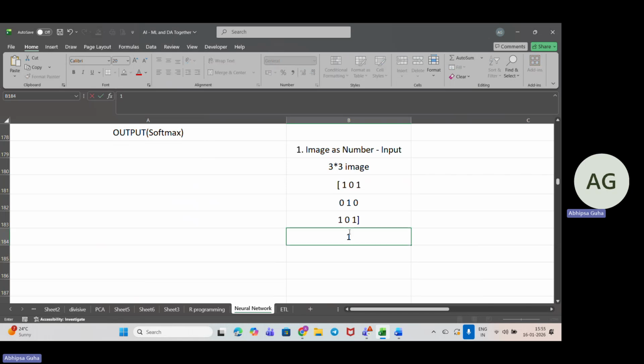So 1 means the white pixel and 0 means the black pixel. Okay. Now this 1 is white and 0 is black. So this matrix is coming down in the input layer.